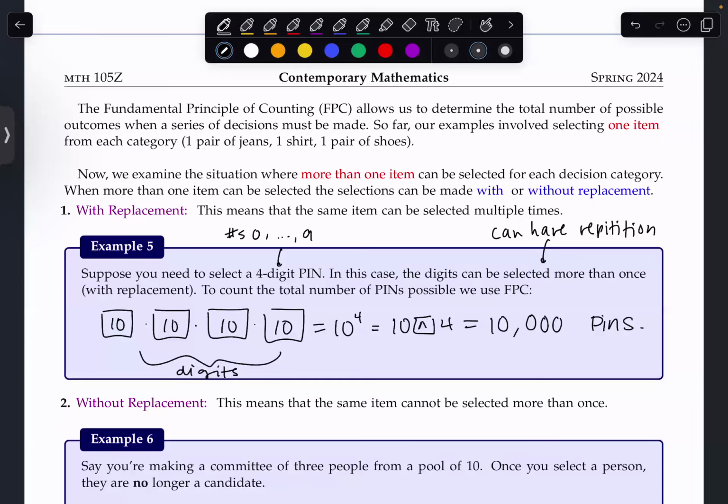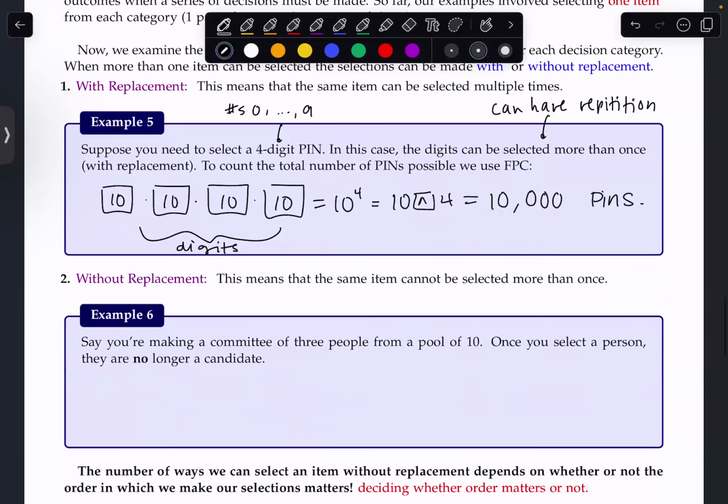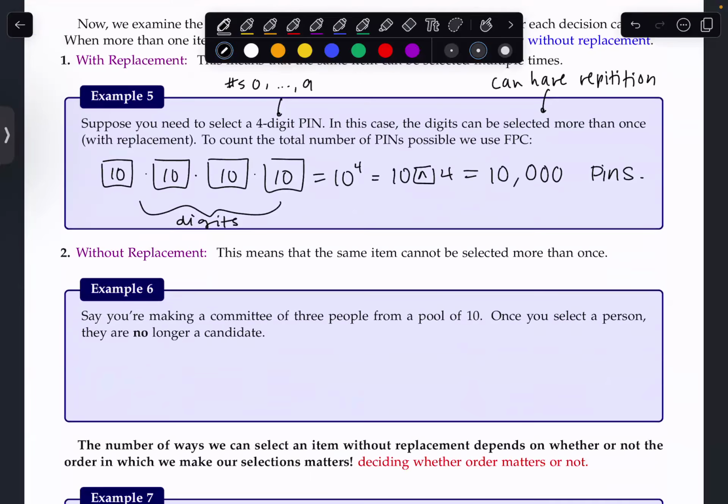And this is really what we're going to talk about for the rest of this lecture and the lecture coming after. So again, we cannot select an item more than once. So say we wanted to make a committee of 3 people from a pool of 10. Once you select a person, they are no longer a candidate, right? A person can't be on the committee twice.